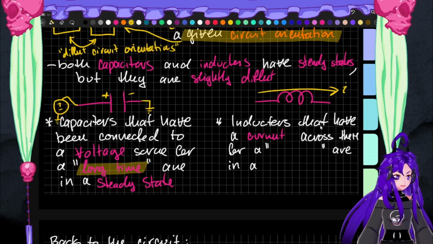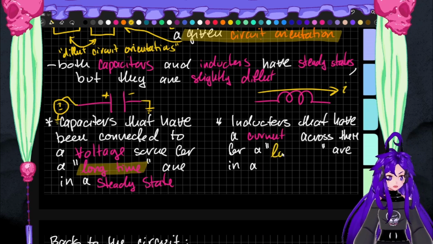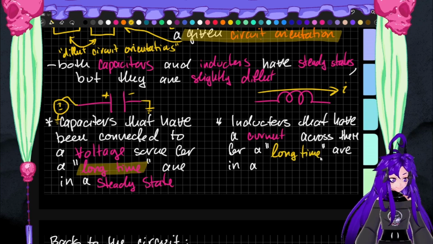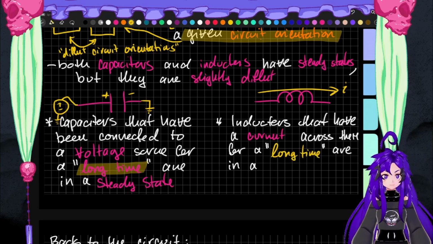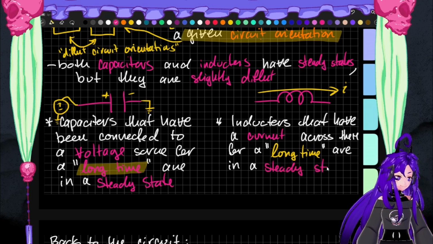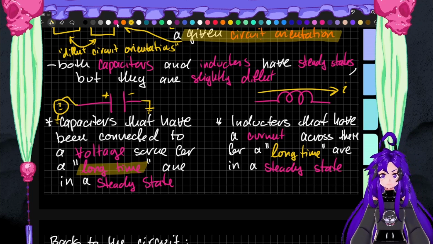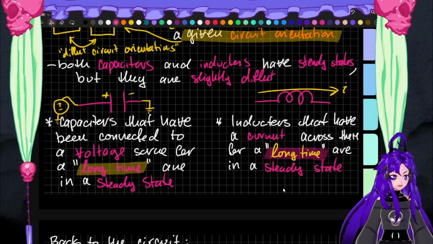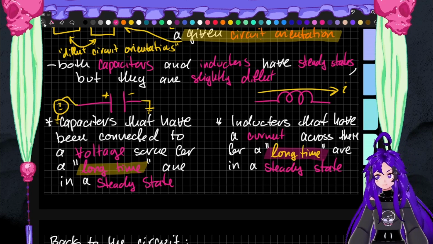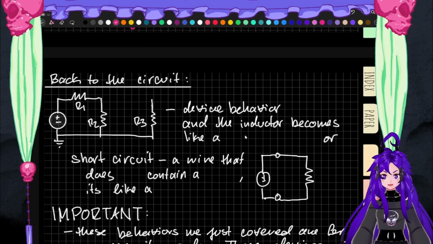Well, this one has a current going over it, or to it, for a long time, are in a steady state. That's kind of the important part here, is time. We've given it enough time that time is no longer really a concern, except when it's draining. We'll see that next week when we get to the math of these things.